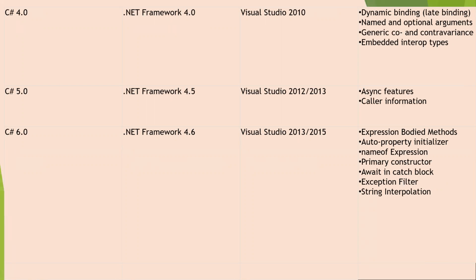And again, string interpolation. This is one more feature introduced in C# 6.0. This is basically used for the replacement of placeholders in a string by the value of a string variable. An interpolated string looks like a template string that contains interpolated expressions.